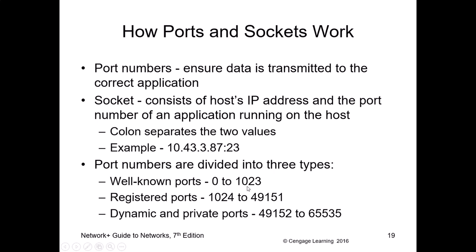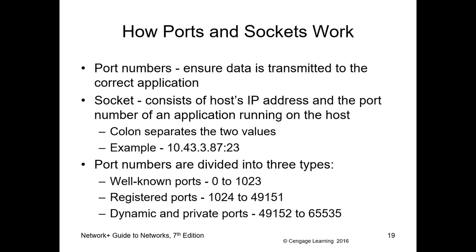0 to 1023 are the well-known port addresses, such as 80, 25, 23, 22, and so on. Registered ports are ports that a company or an organization pays for and no one else can use.